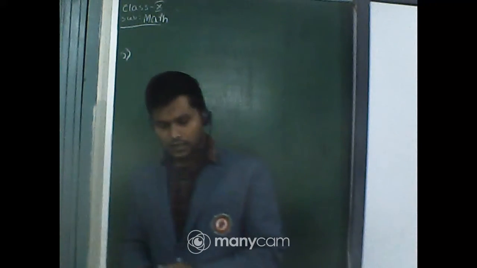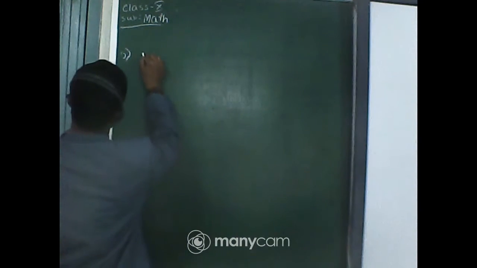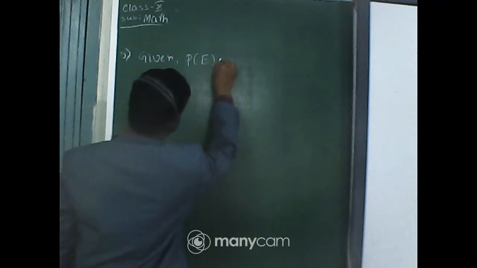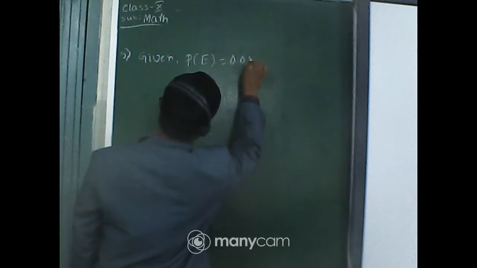Question number 5 says that if the probability of E is equal to 0.05, then what is the probability of not E? Now look, it is given that the probability of the event E is equal to 0.05.